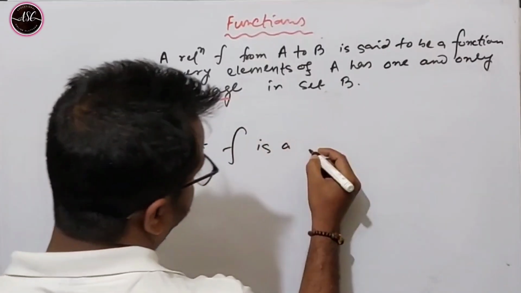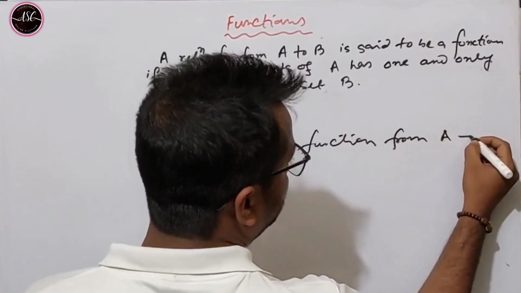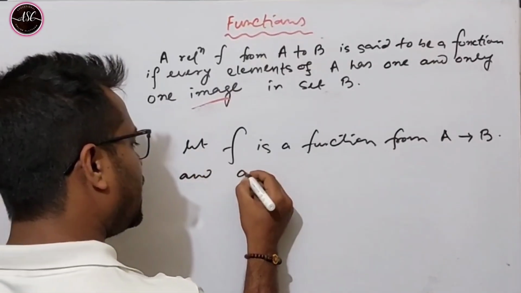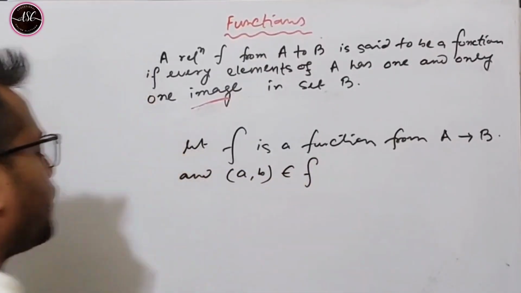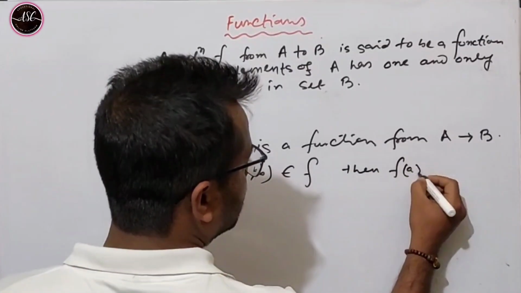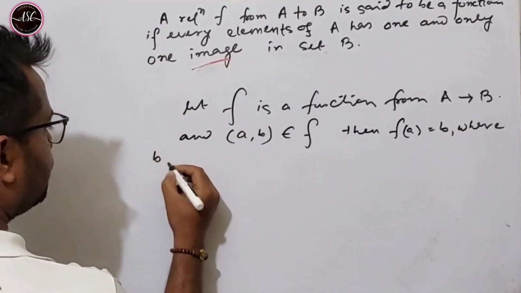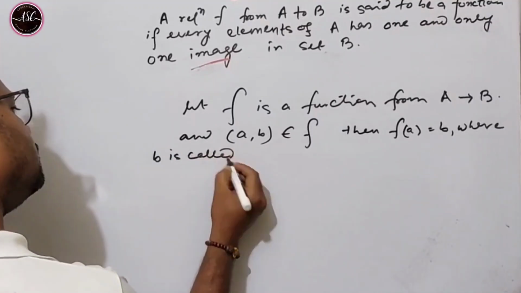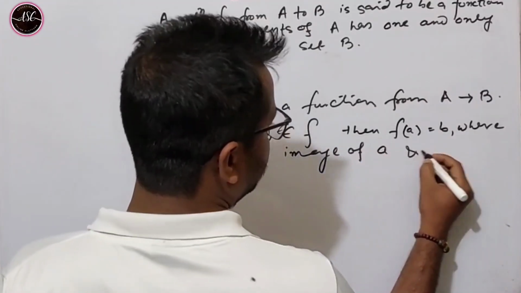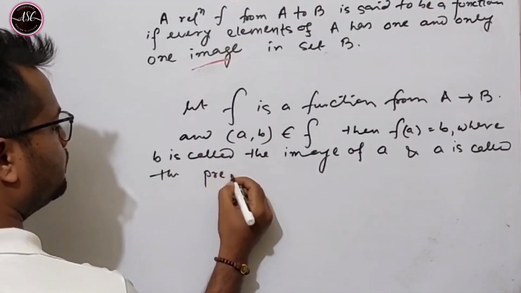F is a function from A to B, and (a, b) belongs to F. Okay, then F is equal to (a, b), where b is called the image of a, and a is called the pre-image of b.